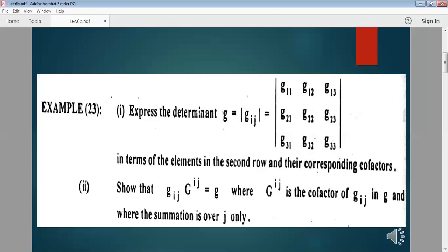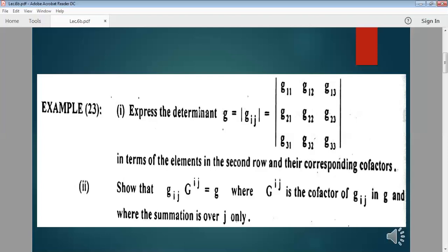Express the determinant G in terms of the elements in the second row, which are G21, G22, G23, and their corresponding cofactors. And the other part is show that the sum over j of Gij times capital Gij is equal to G, where capital Gij is the cofactor of Gij in G and the summation is over j only.